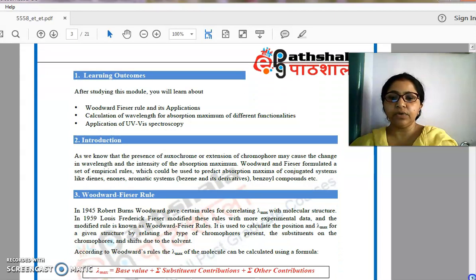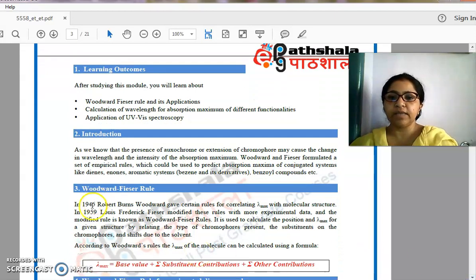What is the rule? The rule first came in 1945, and Woodward gave certain rules for correlating lambda max with molecular structure. From the molecular structure, you might be having a thought how we will know what is the lambda max of a particular substance or compound which has certain functional groups, auxochromes, chromophores, and all that.